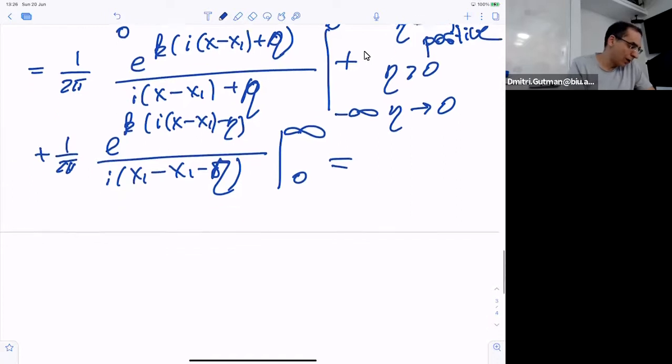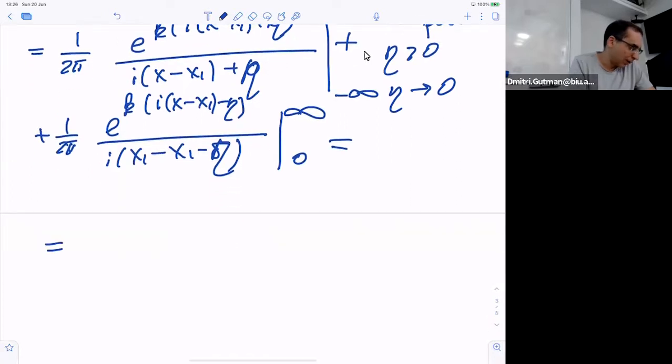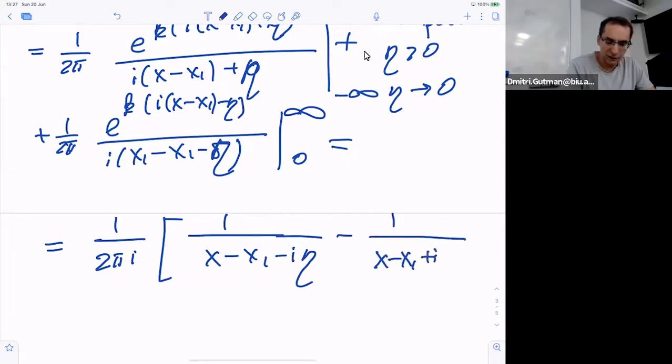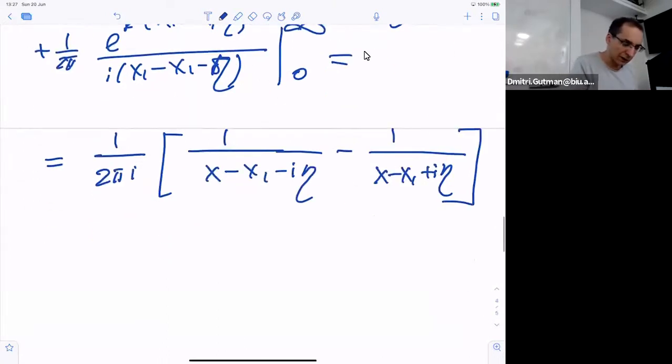And therefore we end up with a contribution that looks like 1 over 2πi times 1 over (x − x1 − iη) minus 1 over (x − x1 + iη), where this eta is positive and approaches 0.